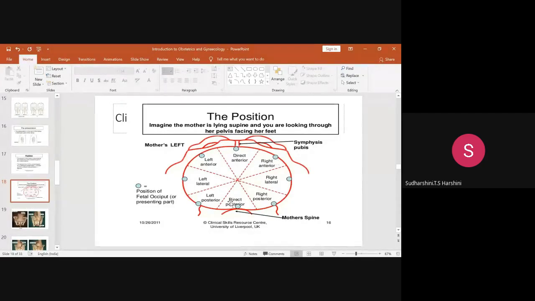So this position is determined by the denominator being occiput for the cephalic presentation. If it is a breech presentation, the denominator will be the sacrum. So you will call it direct sacro-anterior, left sacro-anterior, left sacro-lateral, left sacro-posterior, and so on. Understood till now?